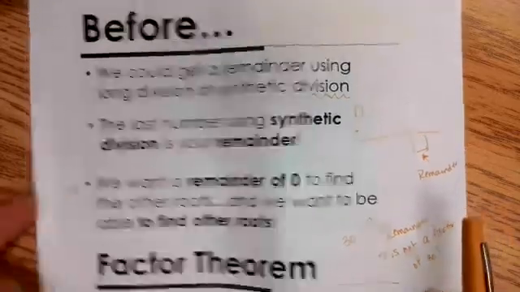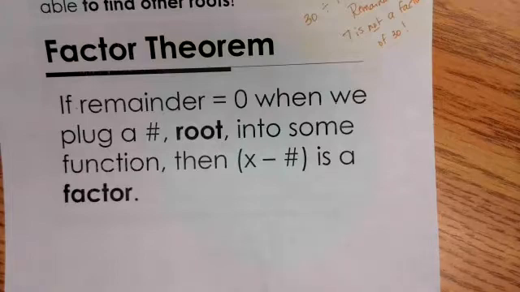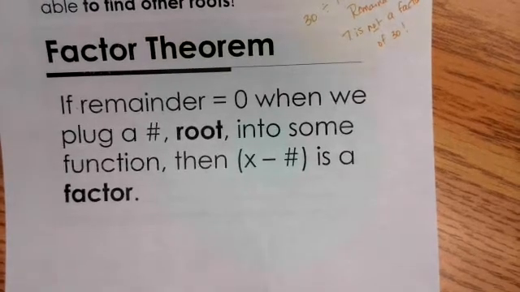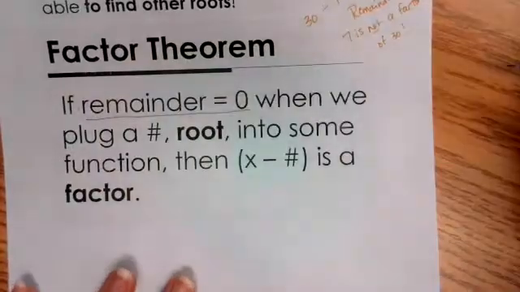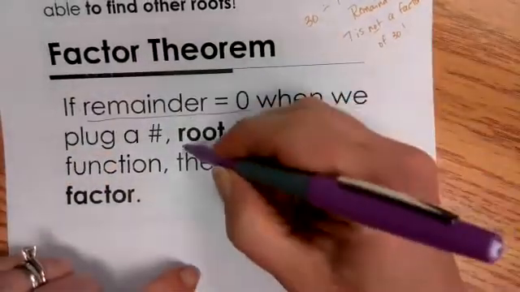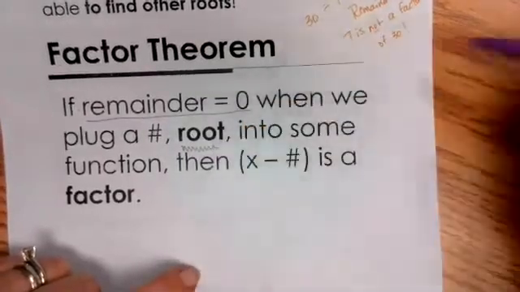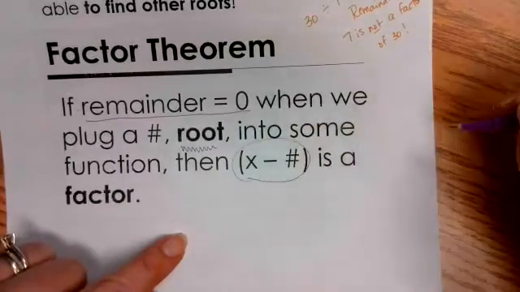So the factor theorem is kind of what polynomials are all about. And it's kind of what I just said here with the number 30. So if we do division and we have a remainder of 0, kind of a big deal, when we plug in a number or we do synthetic division, that is a root into some function, then x plus or minus that is a factor.